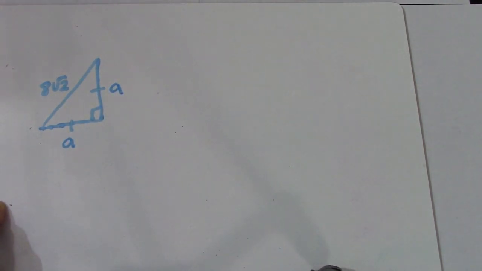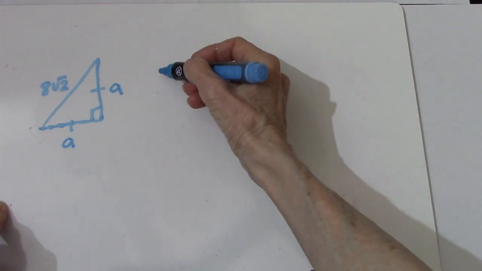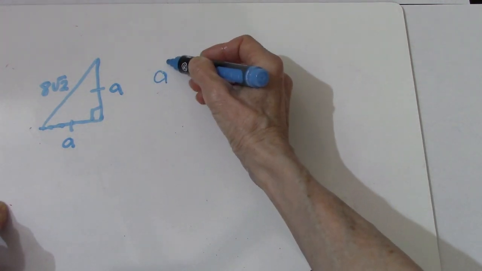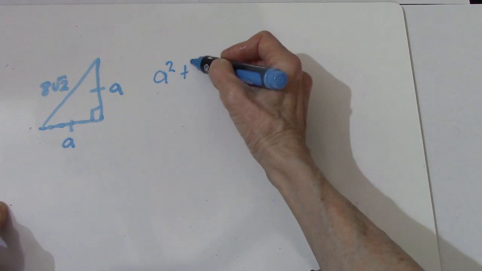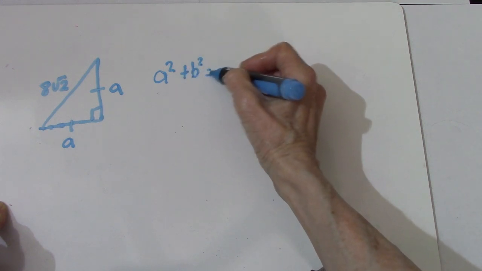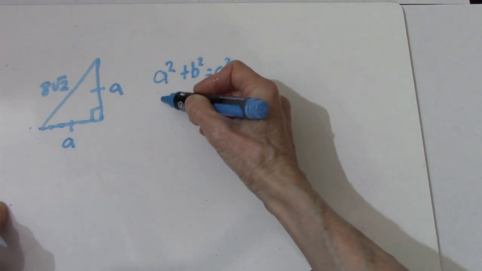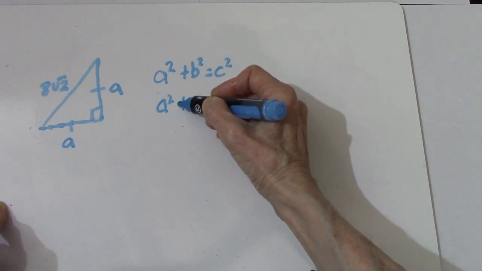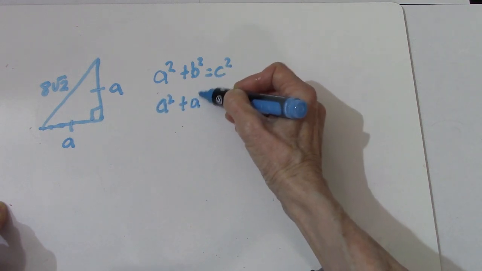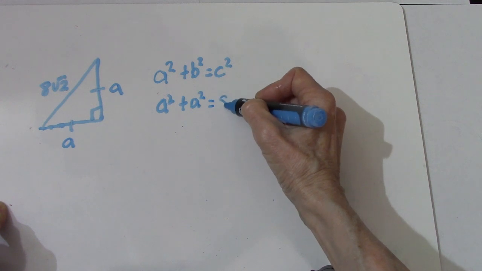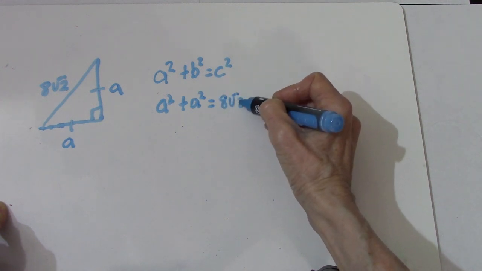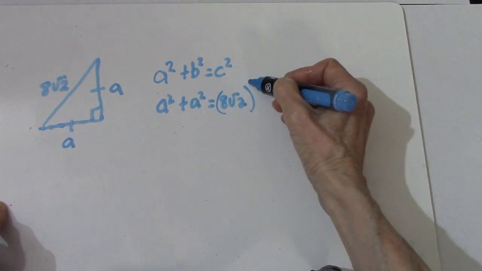So then I can say that the Pythagorean theorem is A squared plus B squared equals C squared. So I have A squared plus A squared equals 8 square root of 2 quantity squared.